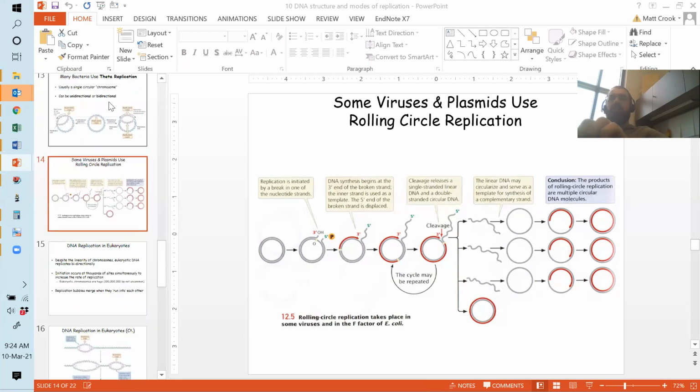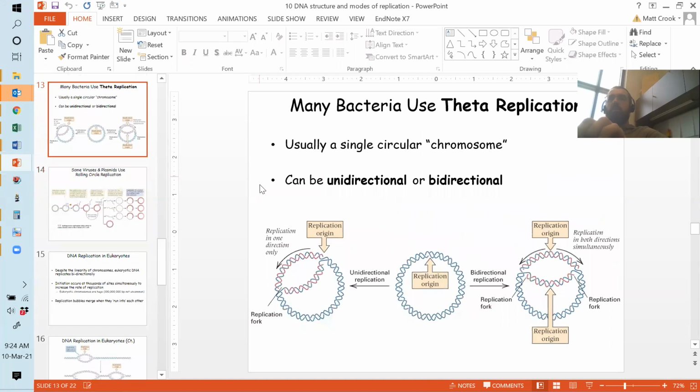Now, bacteria use what's called theta replication. I had a really neat GIF; I wish I'd put that in here. I'll have to go dig it out another time. This can be either uni or bidirectional, right?